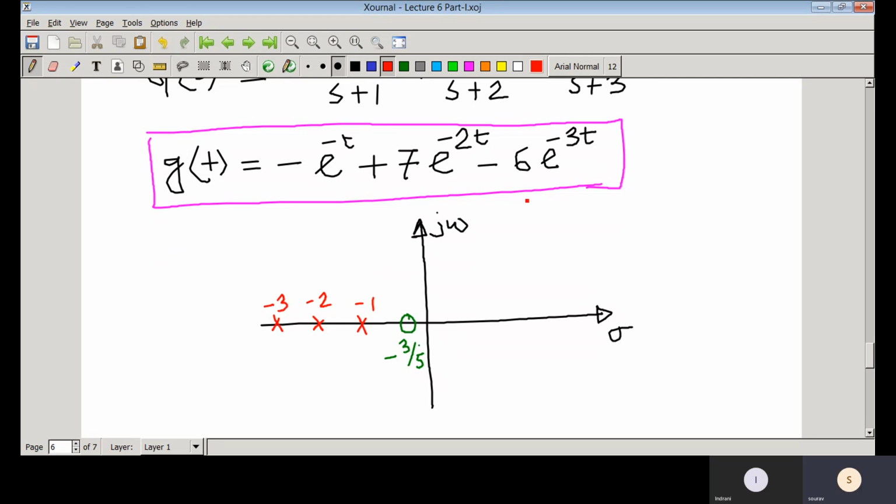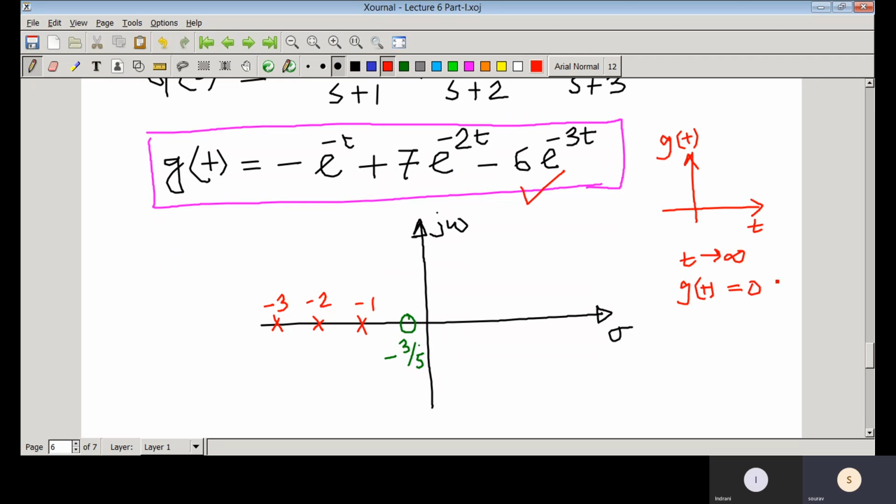Then from this particular expression you can see that if you plot g(t) versus t, when t tends to infinity, obviously all of them will go to 0, so g(t) would be equal to 0.